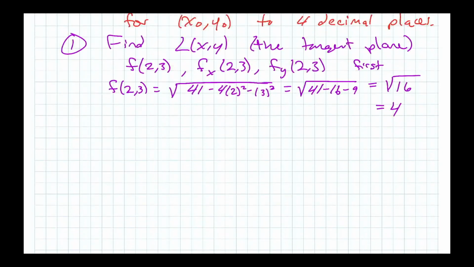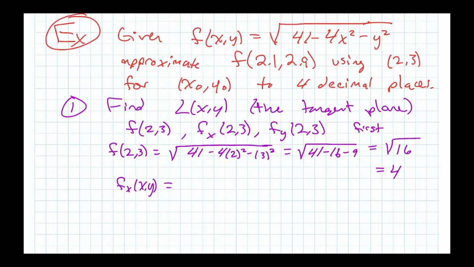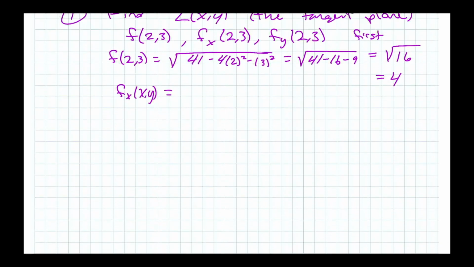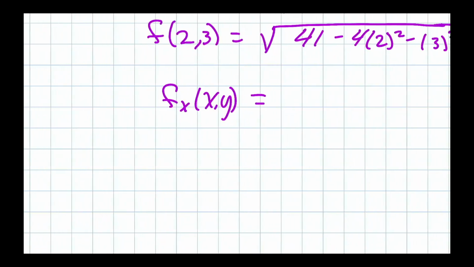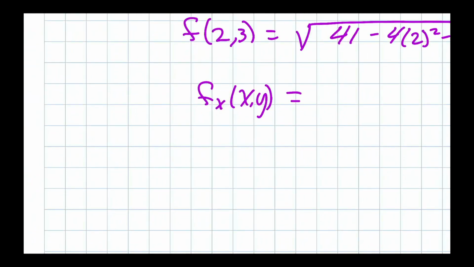Next thing to do is we're going to need the fx of 2, 3. So we need fx of xy to start with. We're going to have to take a derivative here. Remember from Calculus 1, hopefully you do, the derivative of square root x, yes, you could use the power rule, but it's a lot easier to remember this derivative to be this.